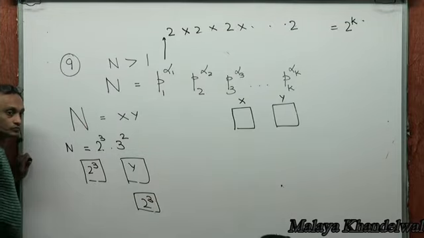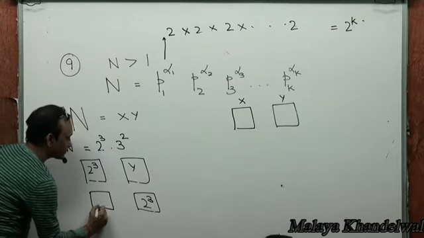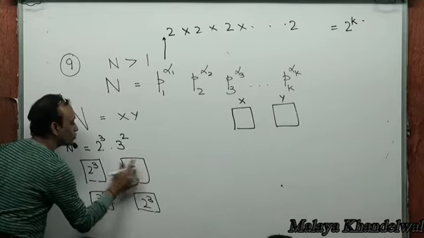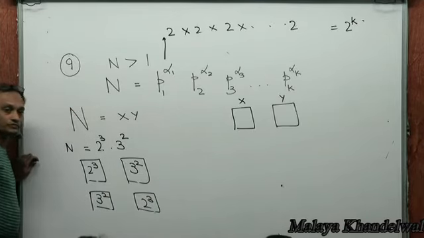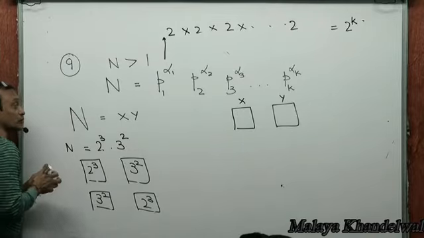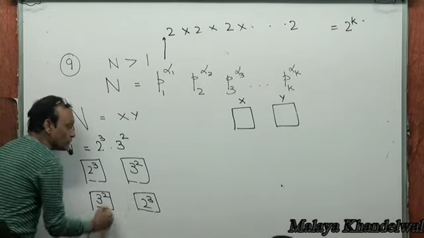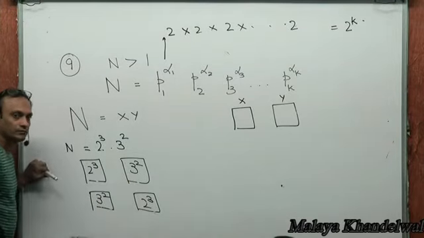Yes or no? 3 squared either could come here or could go there. Yes or no? This is the number of ways in which I could break 2 cubed into 3 squared as a product of two numbers where their GCD is 1.